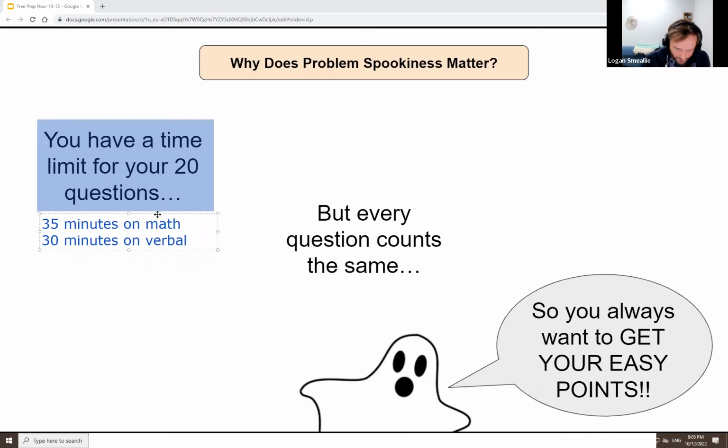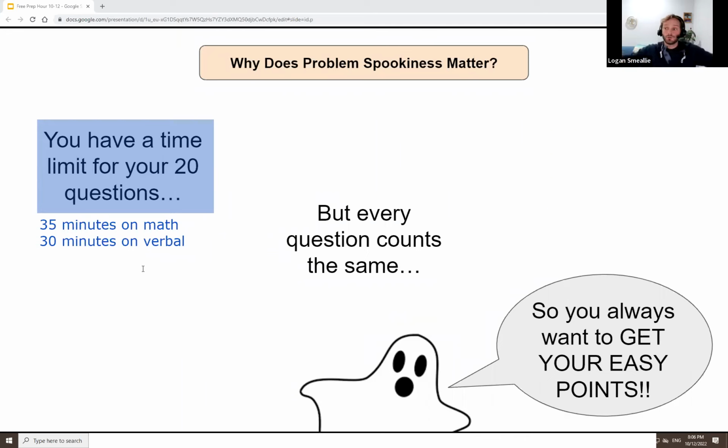But here's the thing. It's not like a lot of tests that you might have taken in middle school, high school, college. For me, back in those days, on most of my tests, the hard question was worth the most points. Maybe the hard question was worth 5 and the easy gimme question was worth 1. Not the case on the GRE. Every single question is worth the same, at least within a section.